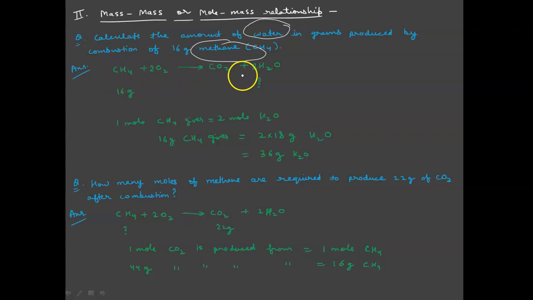CH4 plus O2 gives CO2 plus H2O. Obviously, any carbon compound burning with oxygen gives CO2 plus H2O, unless it contains an element other than carbon and hydrogen. After balancing, this is 2 and this is 2.